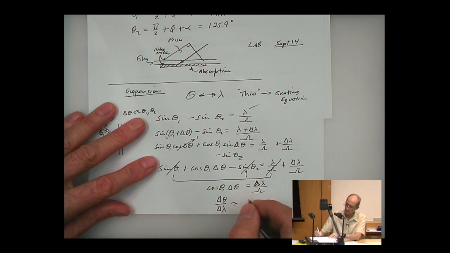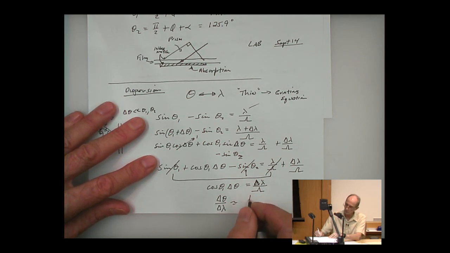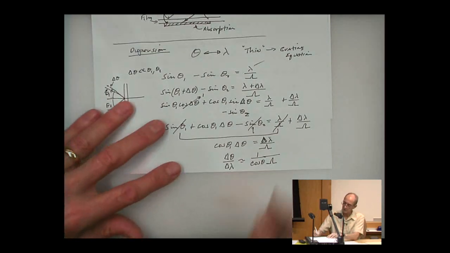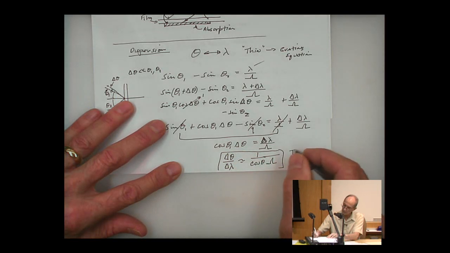With the approximations that we made for delta theta and so forth, this is just equal to 1 over cos theta times the period. Okay, so this is the dispersion relationship for a thin grating.